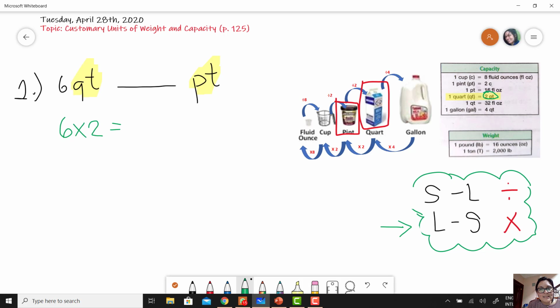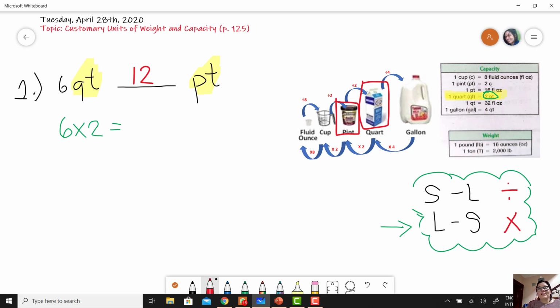Why times 2, guys, again? Because here in the formula, look in the chart, you have that 1 quart equals 2 pints. So 6 times 2, 12 pints. And if you follow the logic, 1 quart, 2 pints. So in 6 quarts, 6 times 2, 12 pints.